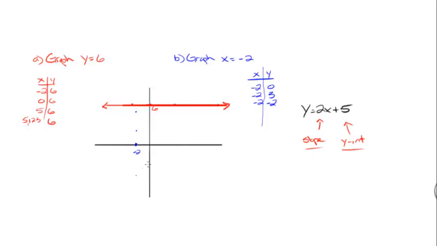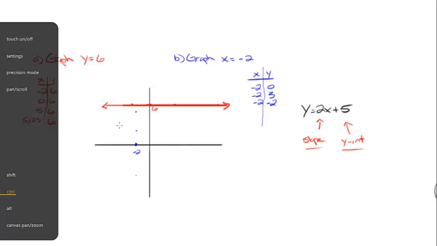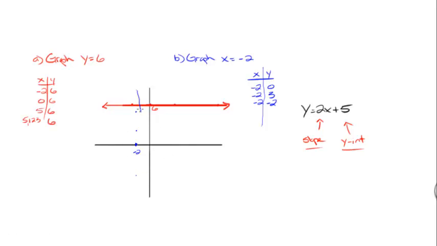What you get is a graph that is perfectly vertical at x equals -2.